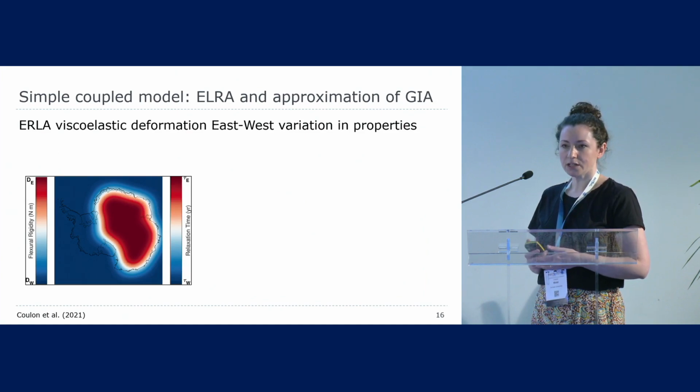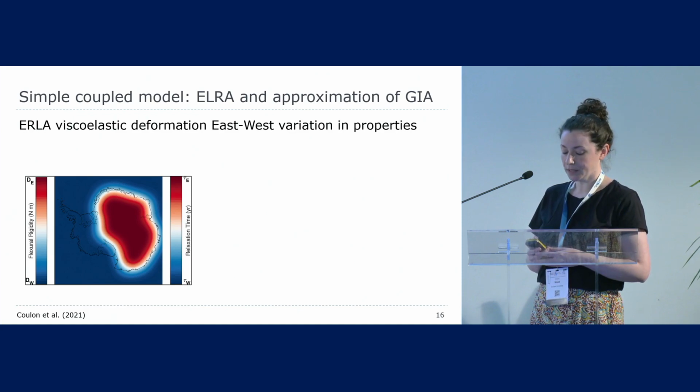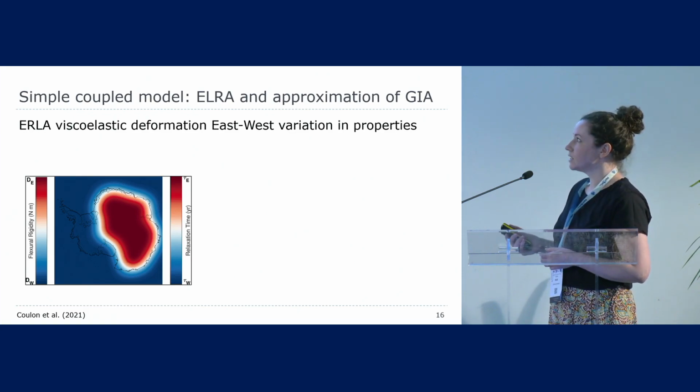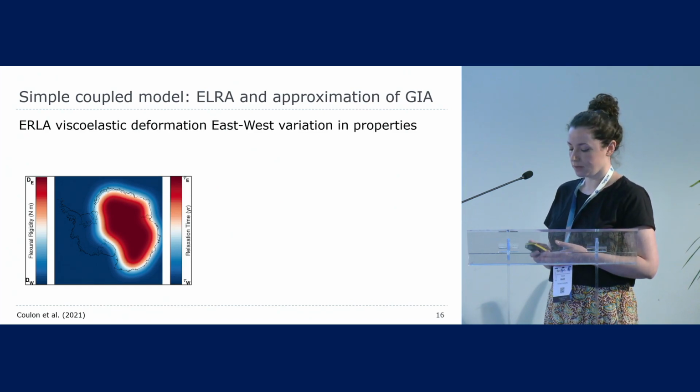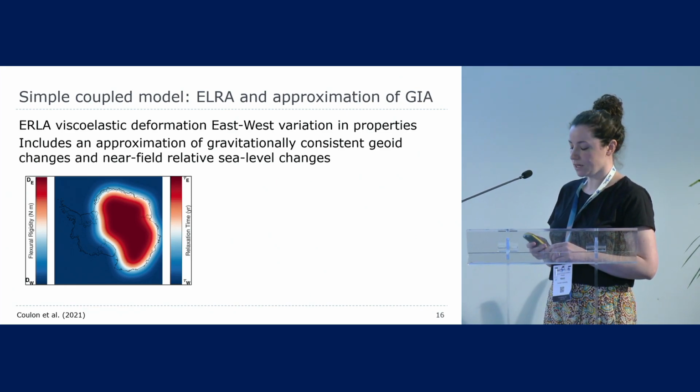There was a study in 2021 from Coulon et al. who improved on this by including essentially a spatially variable ELRA in their model. So they had different relaxation times for East and West Antarctica, reflecting the different Earth structures there. They also included an approximation of the gravitationally consistent geoid and near-field relative sea level changes.